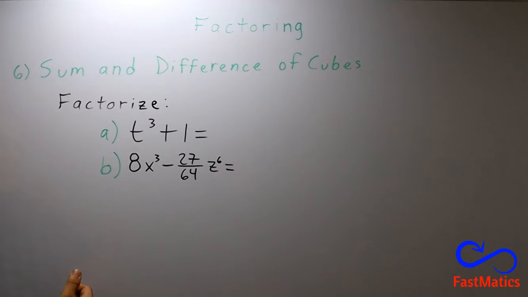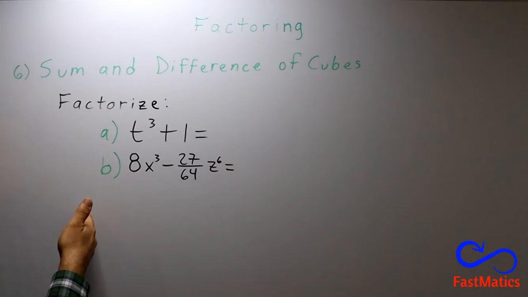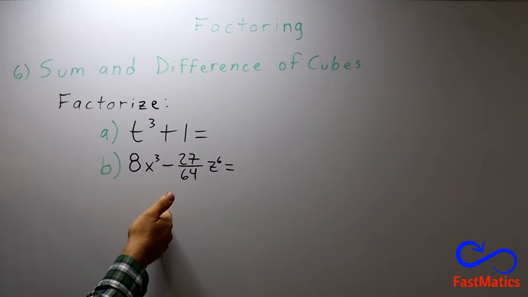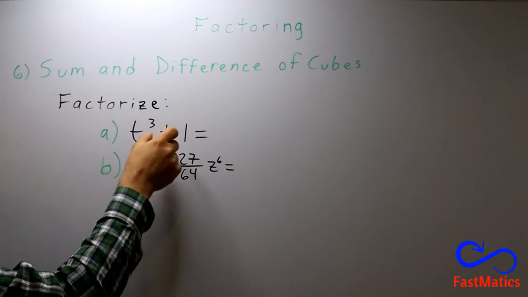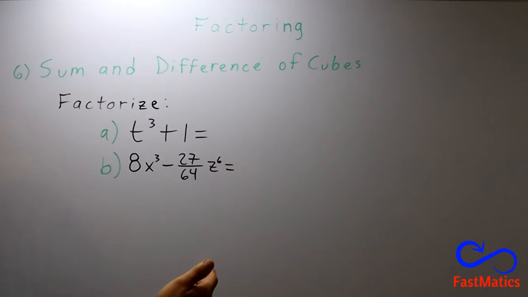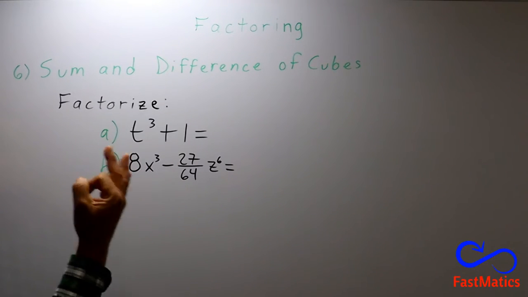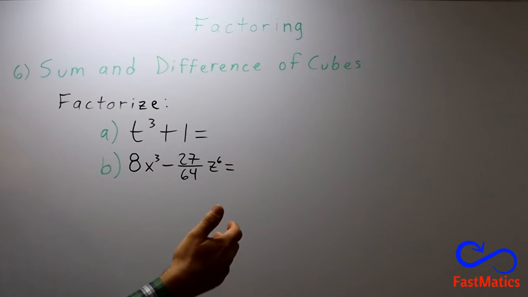After that, do we have a grouping case? No, we cannot group the terms because for grouping we need at least 4 terms. Do we have 3 terms to make a trinomial procedure?